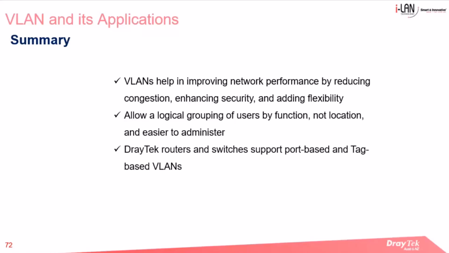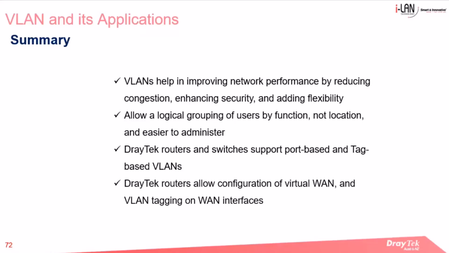DrayTek routers and switches support port-based and tag-based VLANs. The switches also support 3 additional VLAN types. And the DrayTek routers support VLAN tagging on the WAN interface, which is often required by the NBN ISPs in Australia, as well as some ISPs in New Zealand.